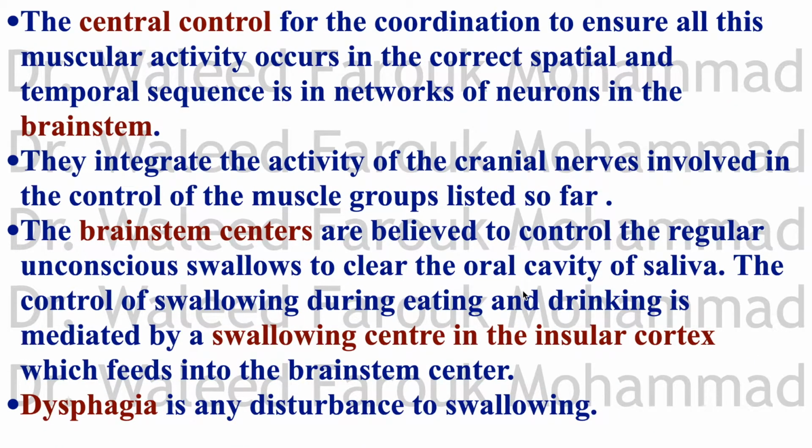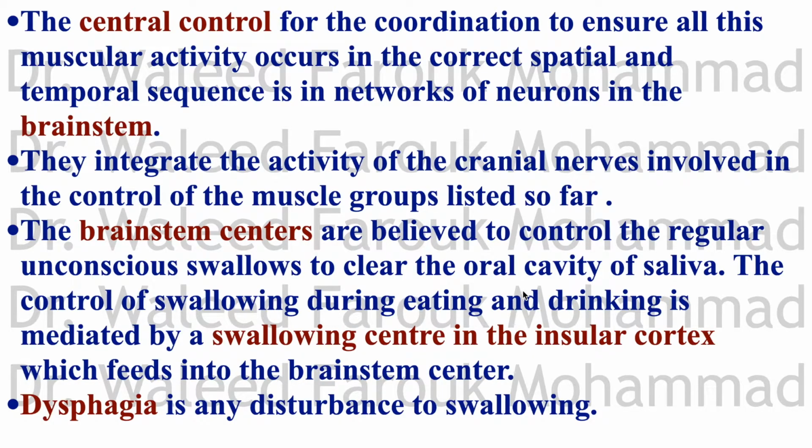Now, all these reflexes or all these actions must be coordinated or controlled. There is a central control for coordination to ensure all these muscular activity occurs in correct sequence, and they lie as networks of neurons in the brainstem, which actually receives from the swallowing center in the insular cortex.